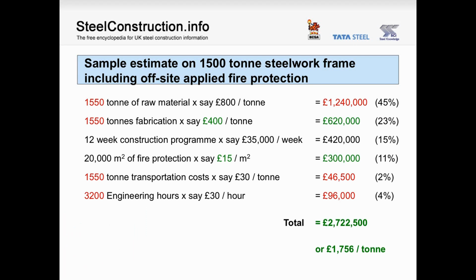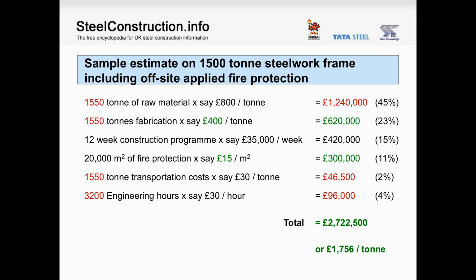However, by increasing the amount of steelwork from 1500 to 1550 tonnes, although it has a negative impact in terms of raw material, it enables simplification of connection details so that stiffeners and welding of these stiffeners is no longer required. The fabrication rate has therefore reduced from £500 per tonne to £400 per tonne, reducing the fabrication cost from £750,000 to £620,000.